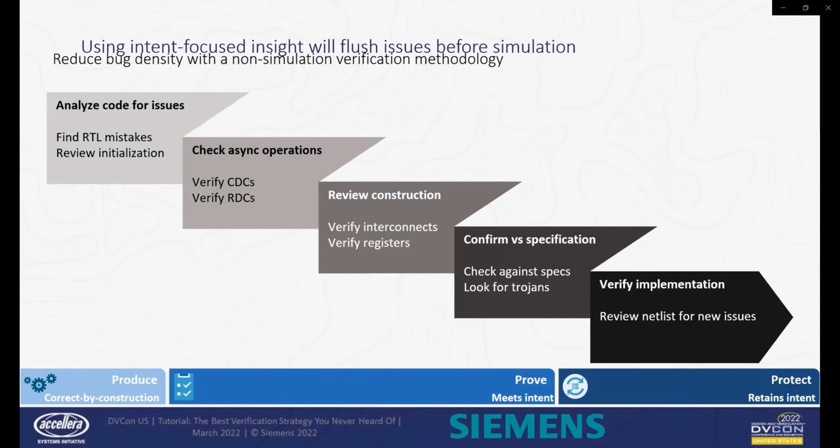The next set of capabilities is aimed at verifying some of those items that can't really be verified in functional simulation, such as clock and reset domain crossings as they pertain to asynchronous operations. These specialist verification capabilities can also review the design construction, verifying that register operations as coded implement the design intent, and that interconnects are correct between the myriad of IP blocks integrated in today's SoCs.